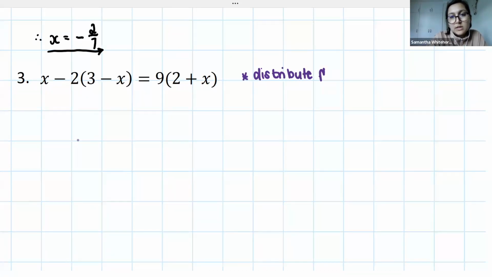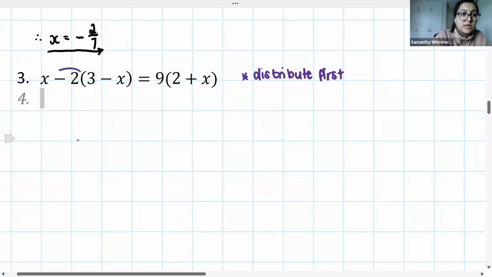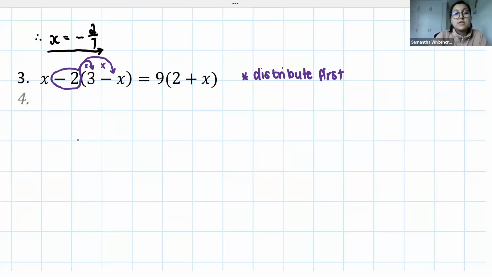Now, what that looks like is on the left-hand side of my equation, I can see I've got this bracket here, and that has a -2 being multiplied with it. So this -2 has to be multiplied with the 3 as well as the negative x. That is what distribution means.